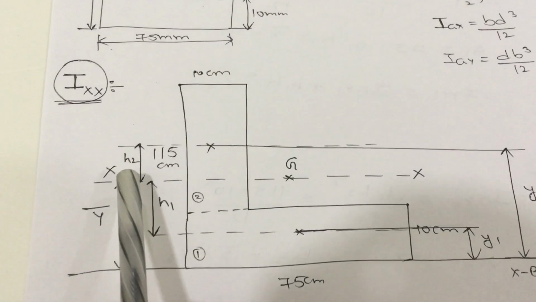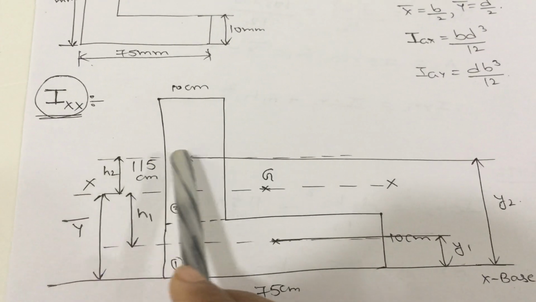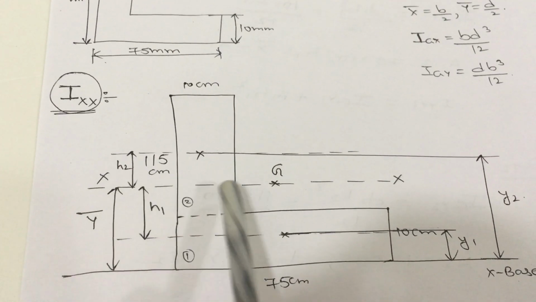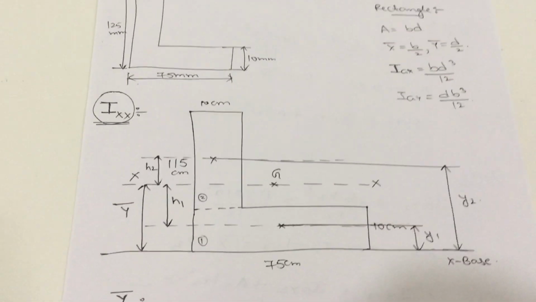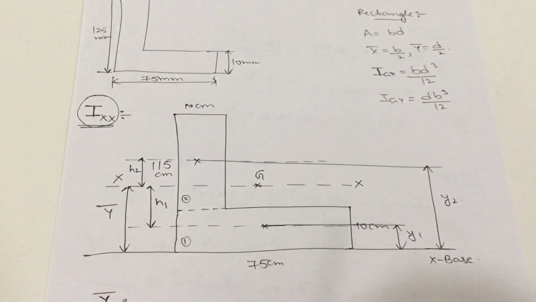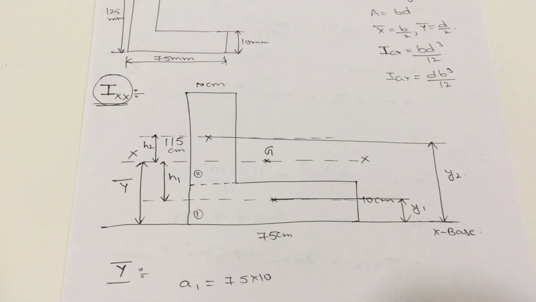Next, h2 is the distance between centroidal xx axis of the second section and centroidal xx axis of the complete L section. From this diagram we got the y1, y2, y bar, h1, h2 distances. From this we can calculate the values very easily.